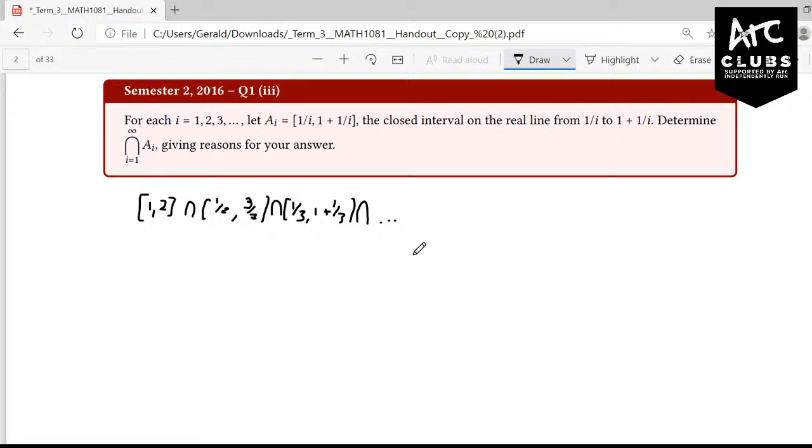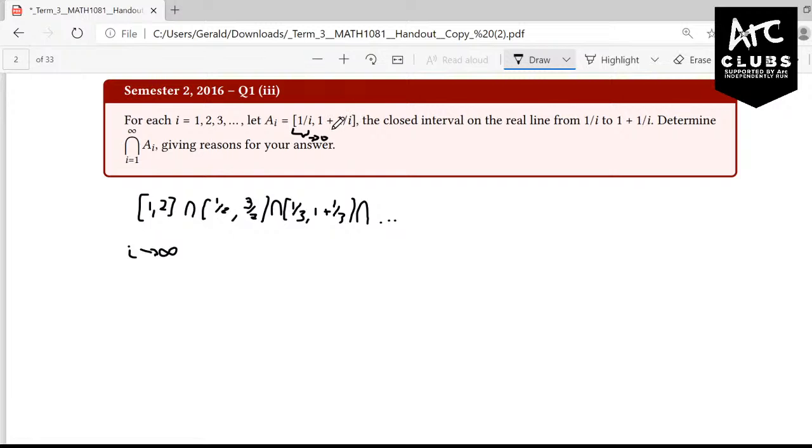Now if you take i to approach infinity, this portion will go to 0, because 1 divided by a really large number goes to 0.